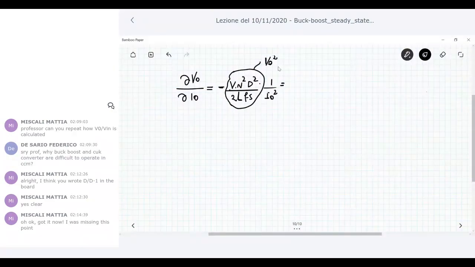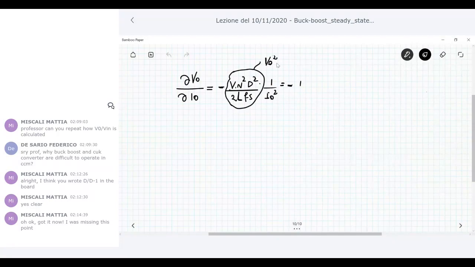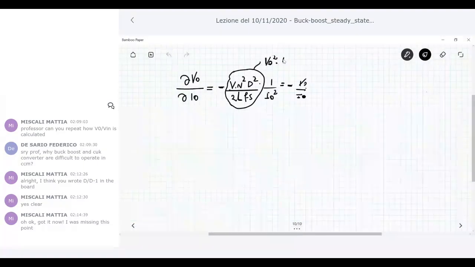So it's V naught square, and so we have V naught square over I naught square, which is minus R. There is V naught here and I naught here, so this is exactly minus V naught over I naught, which is V naught multiplied by I naught over V naught.